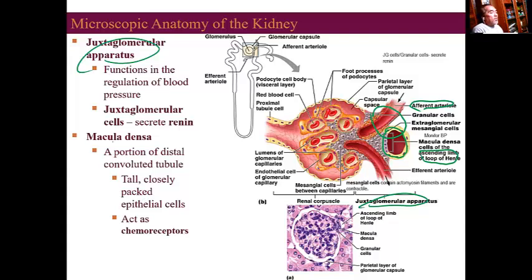So you have the macula densa located at the distal convoluted tubule. We have epithelial cells around the distal convoluted tubule. So these are all your epithelial cells right here. Those epithelial cells are called the macula densa, and the macula densa act as chemoreceptors.